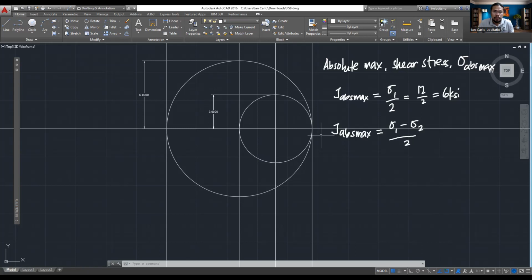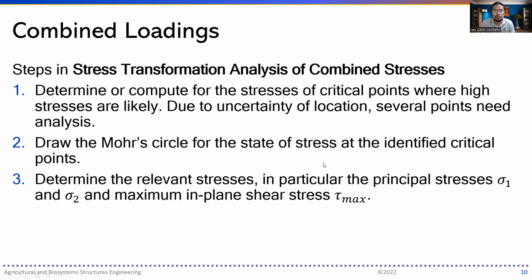So let's go back to the presentation a while ago, and let's focus now on the steps for carrying out stress transformation analysis of combined stresses. You determine or compute the stresses at the critical points where high stresses are likely, and due to uncertainty of location, usually several points have to be analyzed.